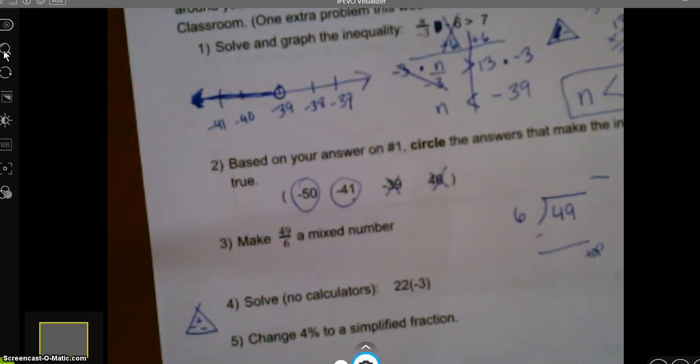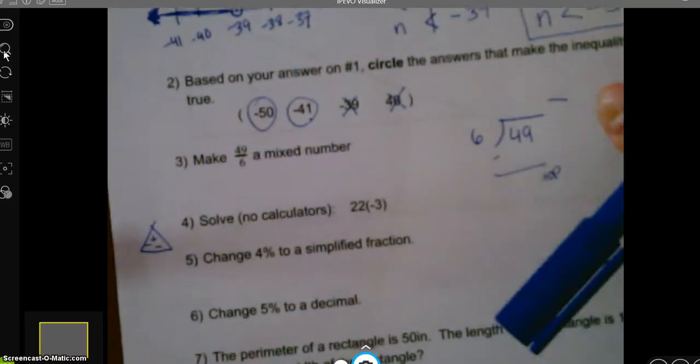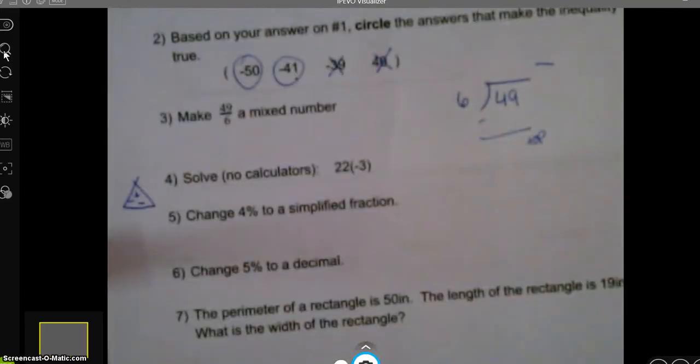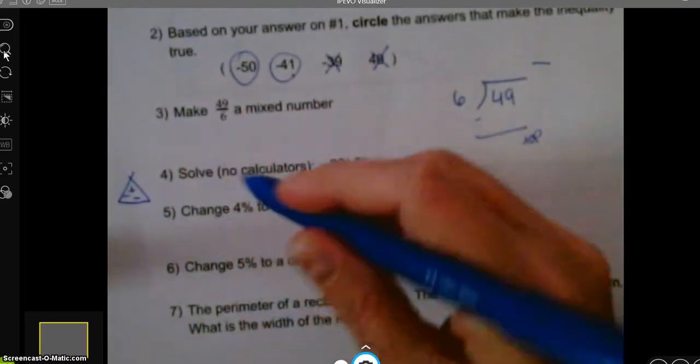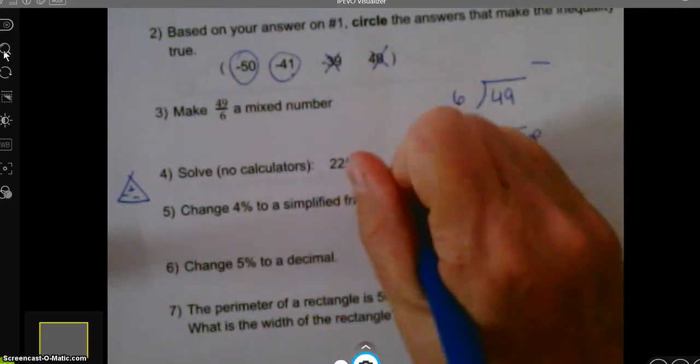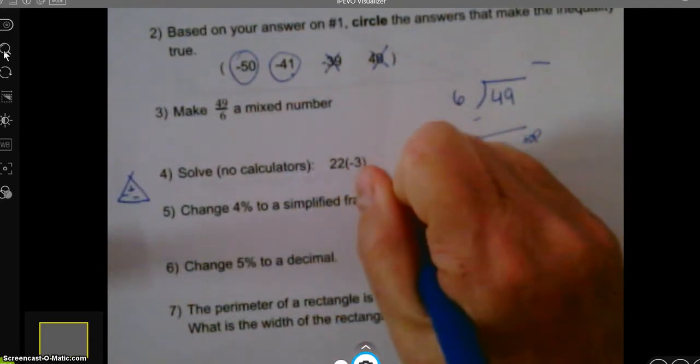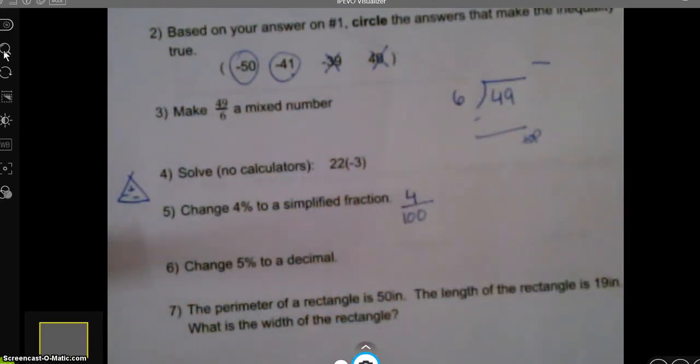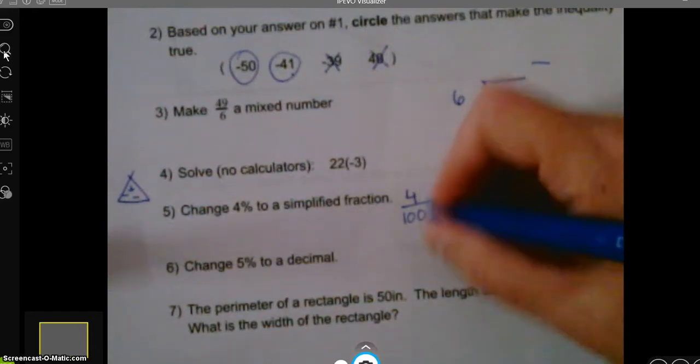I am going to talk about number 5. It says 4% change to a simplified fraction. We've been going over this and over this on our practice sheets. So remember, percent compares to 100. So it means 4 over 100. So if you get that far, guys, at least you could have credit, right? So now I'm going to simplify.